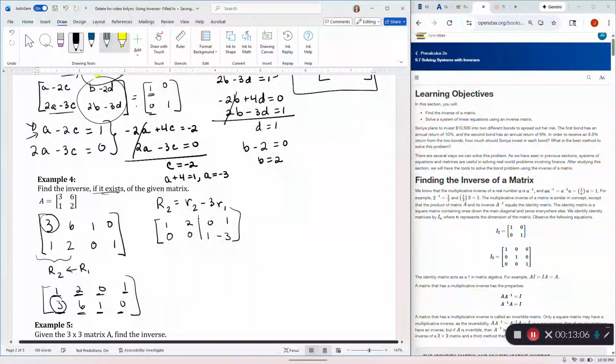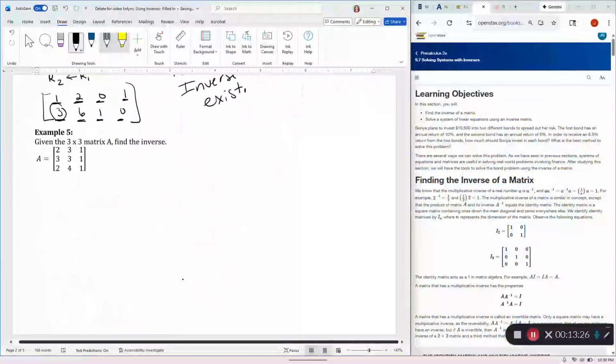Now here's the issue. I don't have a way of getting a 1 there. So that means no inverse exists. So the point is, not every matrix has an inverse.